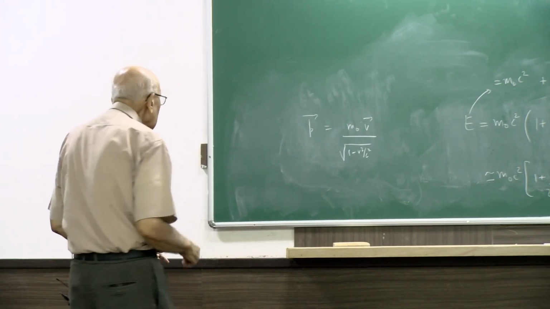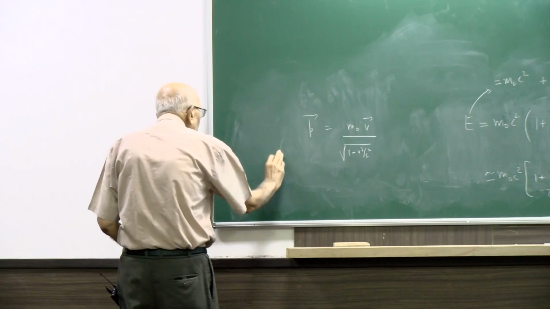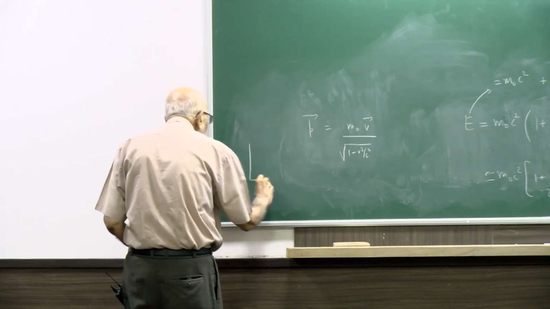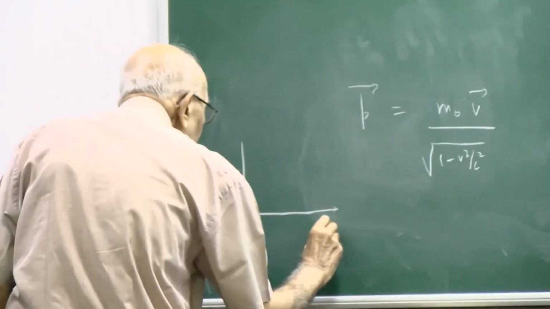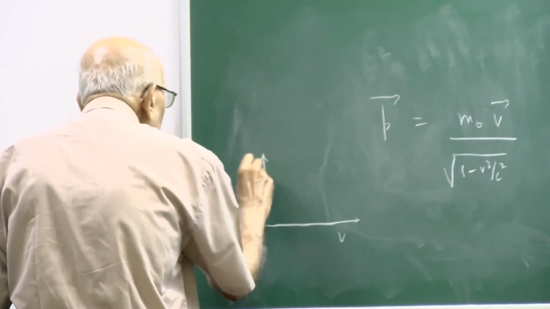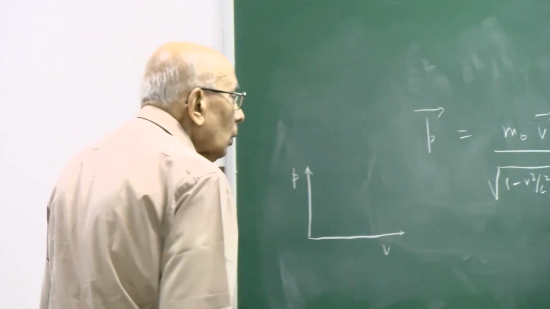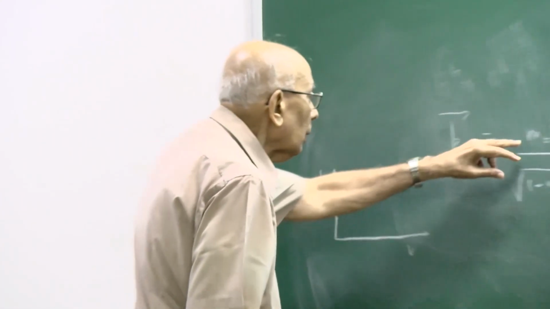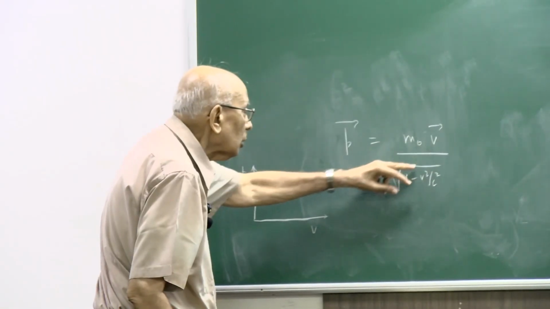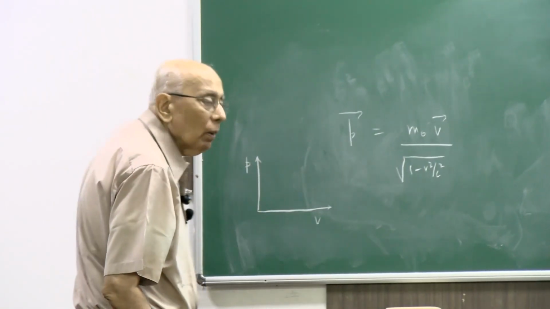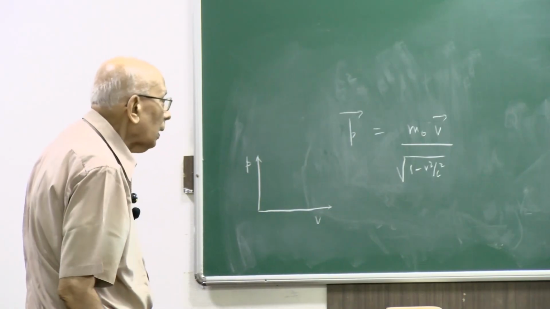What does this look like as a graph? Let's plot the magnitude v versus the magnitude p. The magnitude of this vector is m naught v, the speed, divided by the square root of 1 minus v squared over c squared. What does this curve look like?